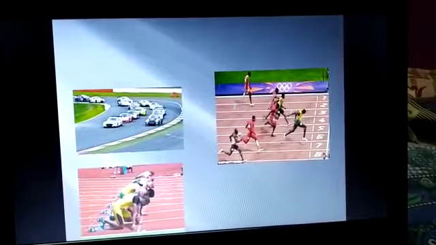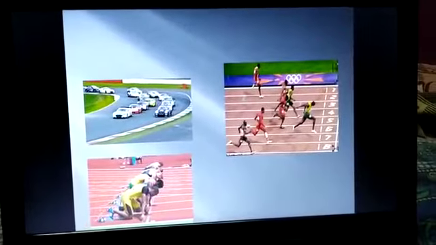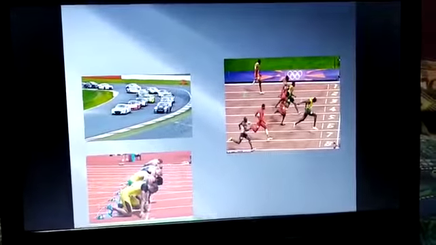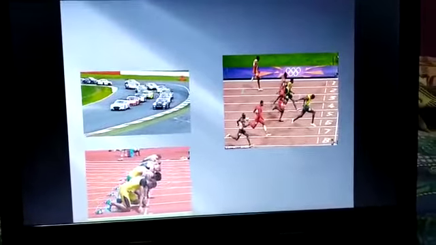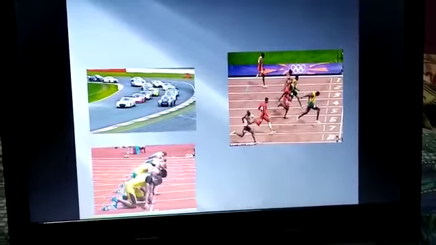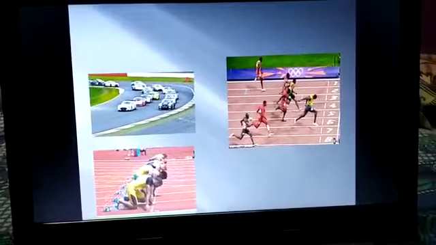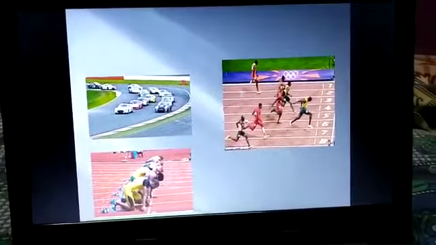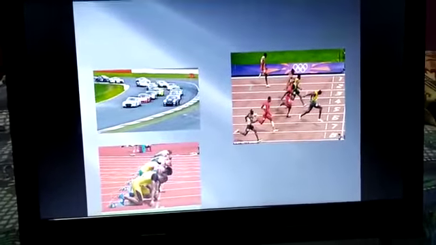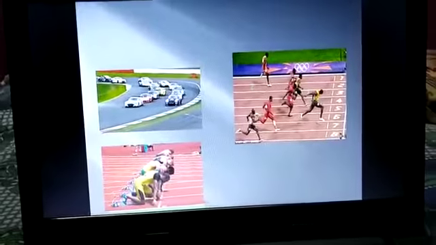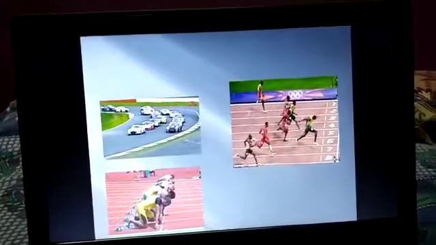When we see these pictures, what are we going to say? Fast, very fast, speed. Am I correct? Yes. When any object moves at a very fast rate, that is called speed. For example, take a car race.